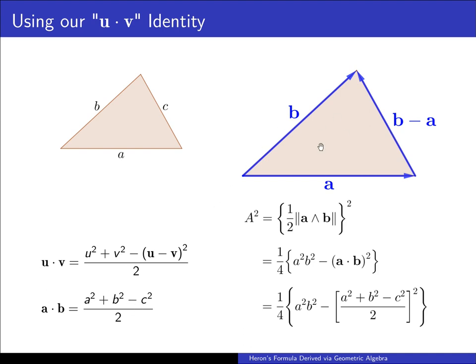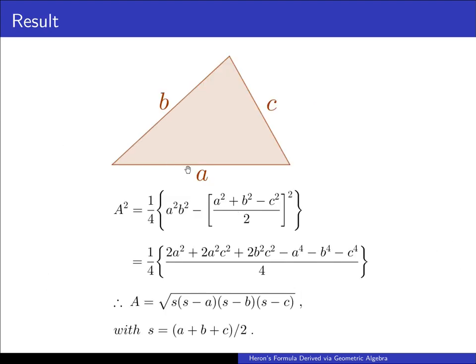So in terms of our given triangle here, a dot b is (a squared plus b squared minus c squared) over 2. We'll make that substitution here to obtain this expression. And continuing on, we do a bit of algebra here, and we factor it, take the square root, and obtain the usual form of Heron's formula.